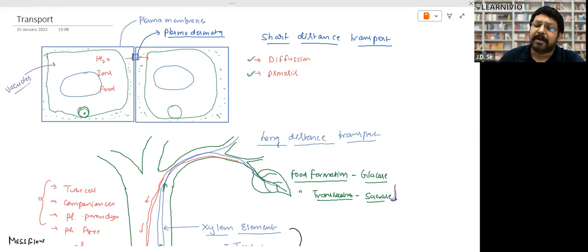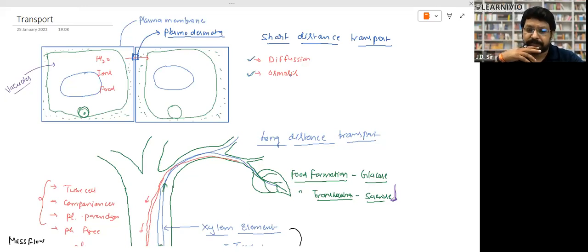It takes place by means of two things: diffusion and osmosis. These are the two means through which the transport of substances takes place. We will discuss diffusion and osmosis. Let me brief you. Diffusion is the movement of molecules from their higher concentration to the lower concentration.